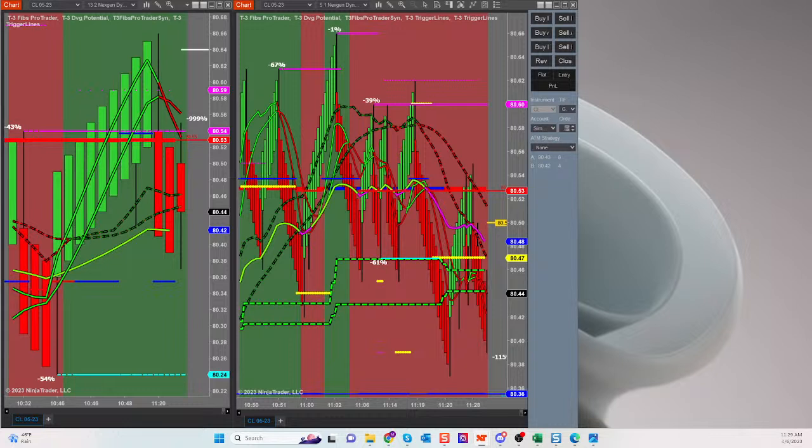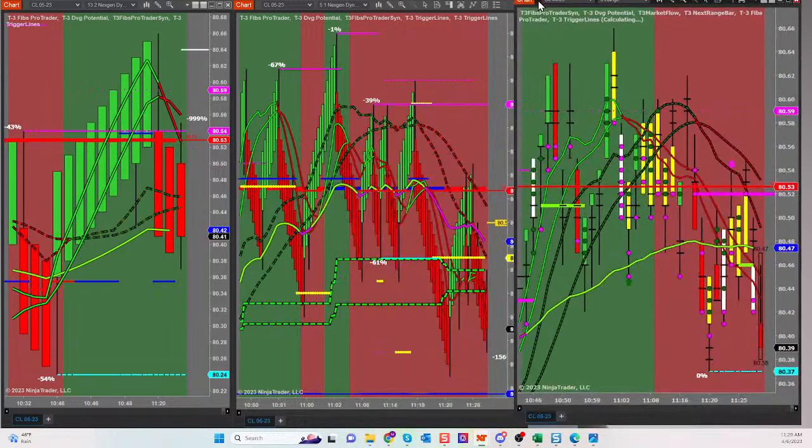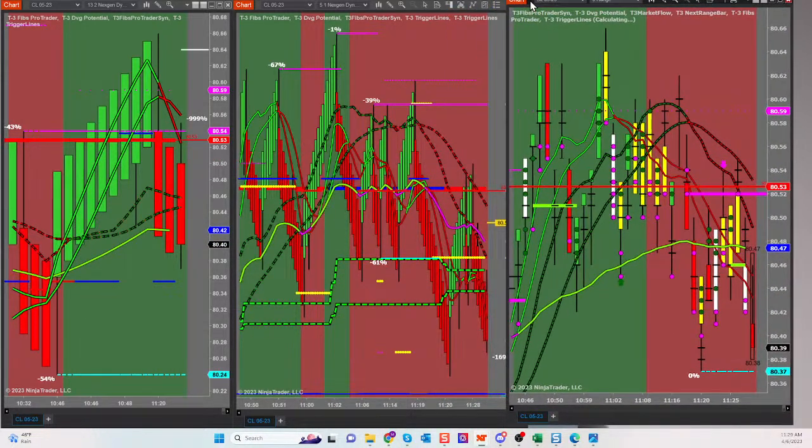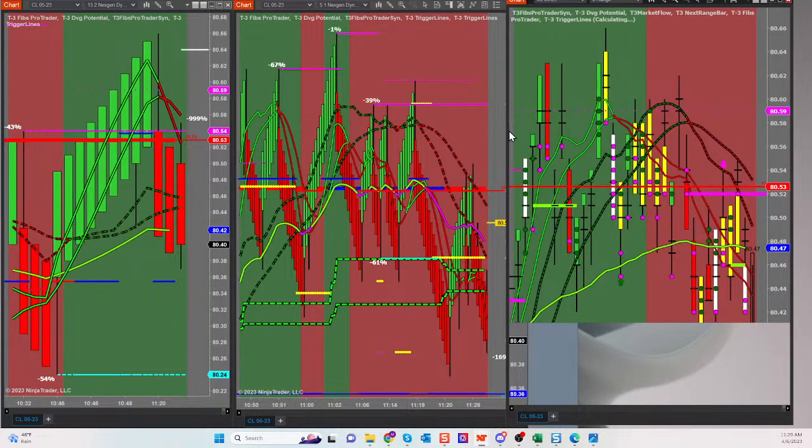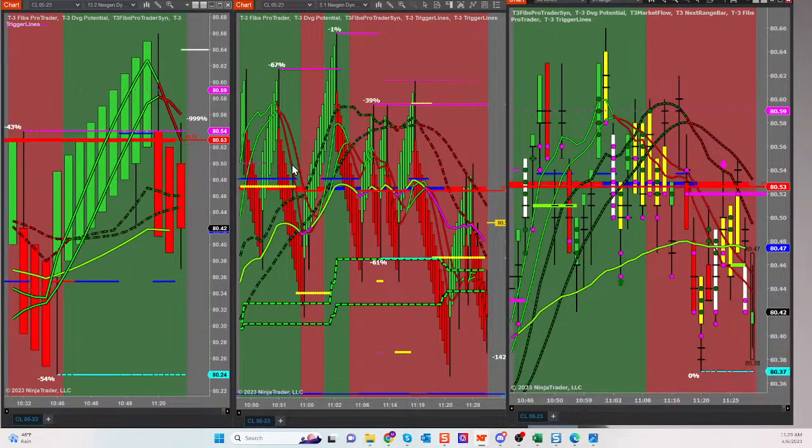So we're going to do a little confirmation test on a couple things. All right, as it loads up. So here's my 8-range chart. Hopefully I don't kill NinjaTrader 8. I just did some dragging and dropping.